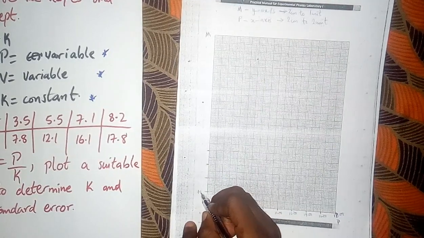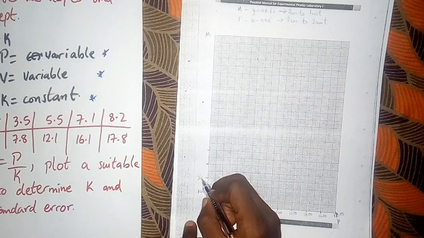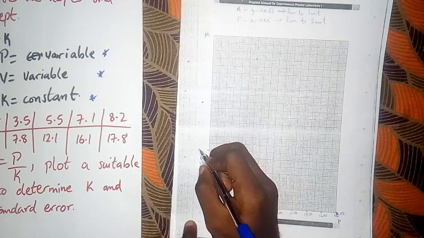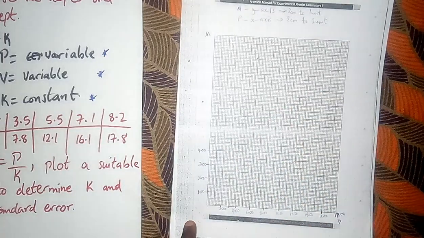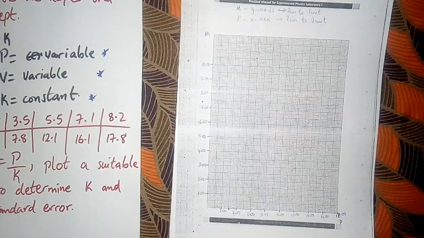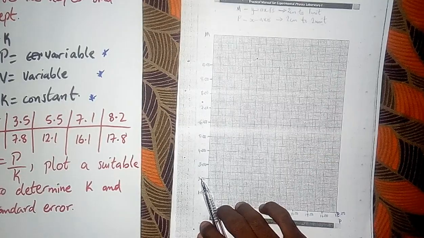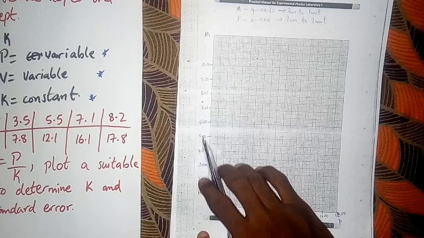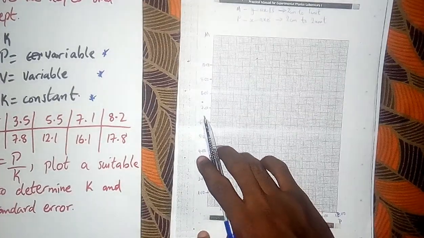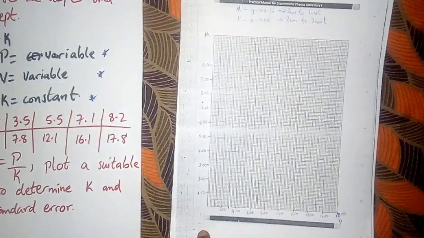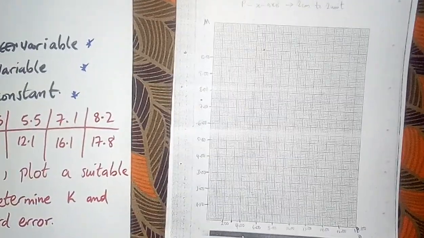So this will be 1.00, 2.00, 3.00, 4.00, and so on. Okay, so this is our graph. You have 1.00, 2.00, 3, 4, 5, 6, 7, 8, 9, 10. Okay, let me expand it more.